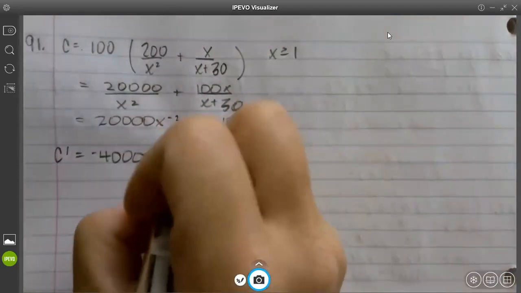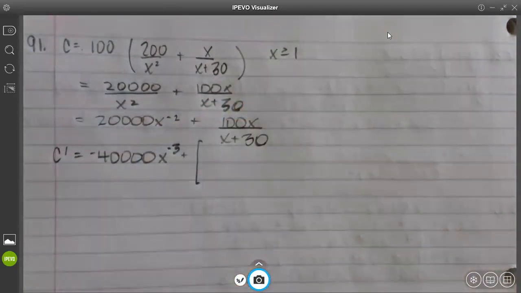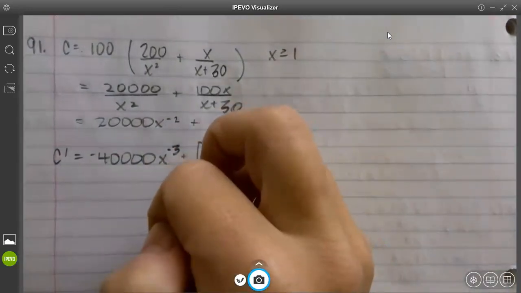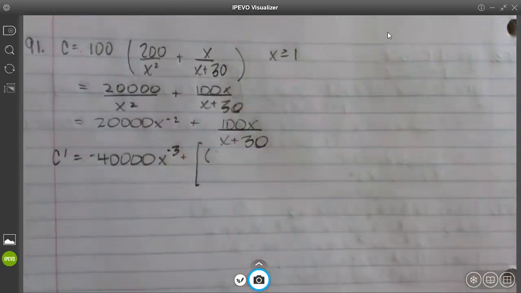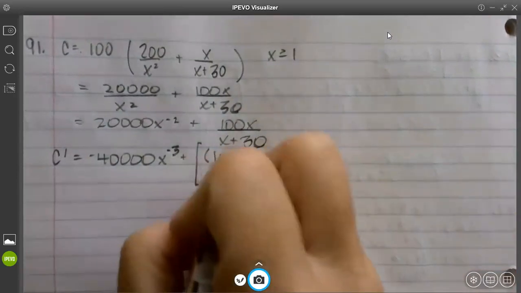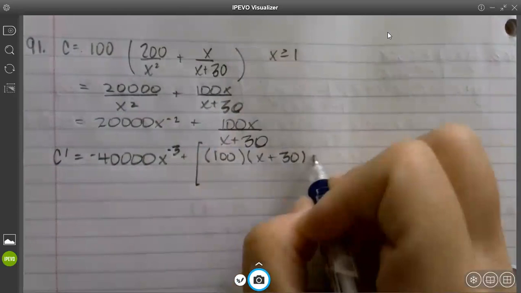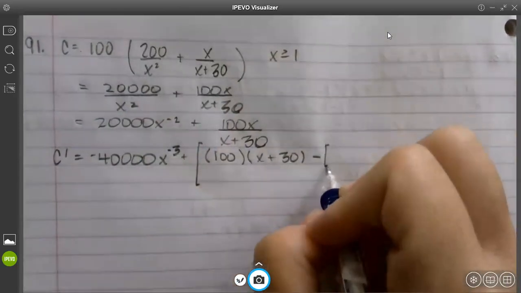Sorry, -3. Thank you. Quotient rule on the other side, derivative of the first. Derivative of 100x. 100 times the bottom minus derivative of the bottom.